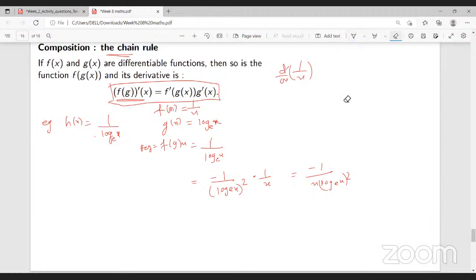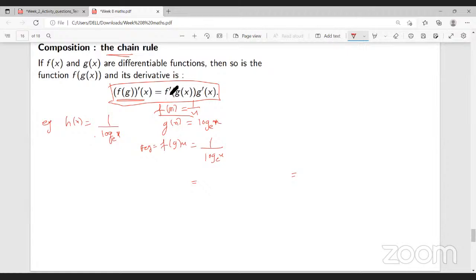Not getting it. Can you please explain? How are we substituting that value with x? No. Just consider this f of x as 1 by x and g of x is log to the base e of x.